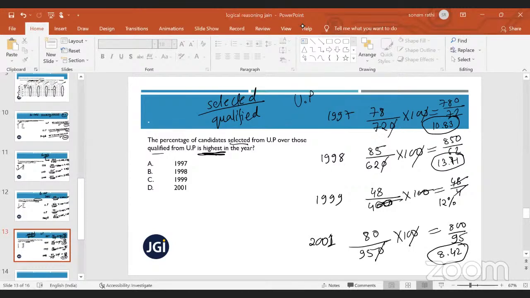Yes, 1998, 13.70. The correct answer is option B. Got it, everyone? Yes, all of you are giving me the correct answer. Okay, let's do the next question.